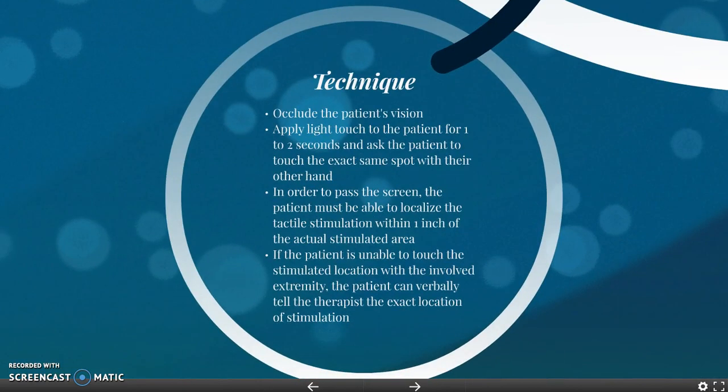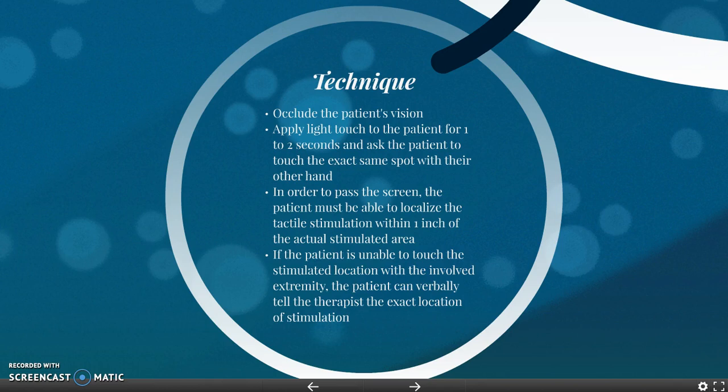And the technique for screening for tactile localization includes: the first step is to occlude the person's vision by using a blindfold or just asking them to close their eyes.